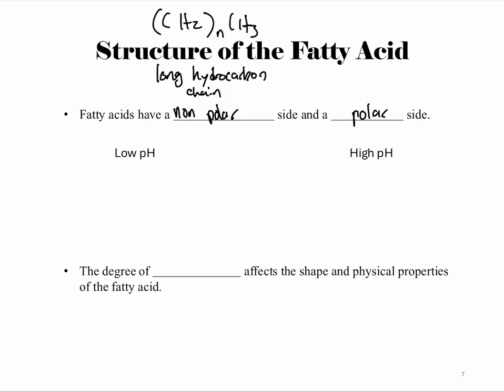And then the polar side is going to be what for the fatty acid? It'll be smaller relative to this side, right? And so the fatty acid, as the name suggests, one side will be polar, and then what specific functional group is going to be at that side usually?